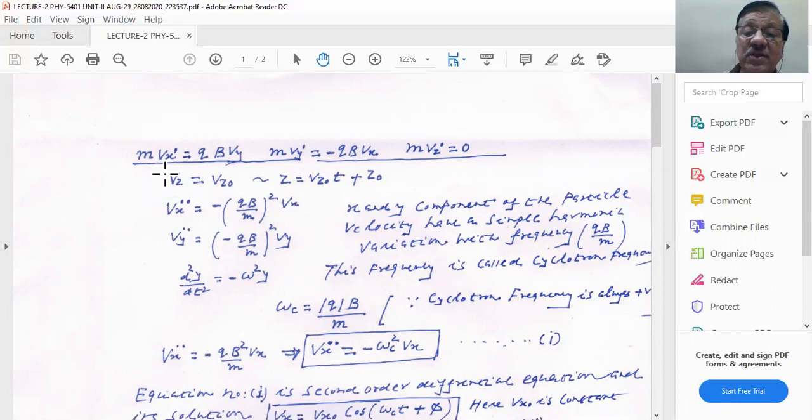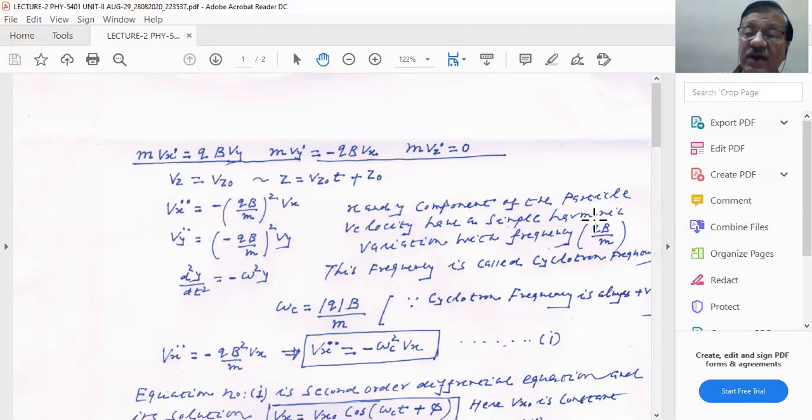So we found that the x and y components of the particle velocity have a simple harmonic variation, and their frequency, which we discussed last time, is basically the ratio of the product qB to the mass of the particle.